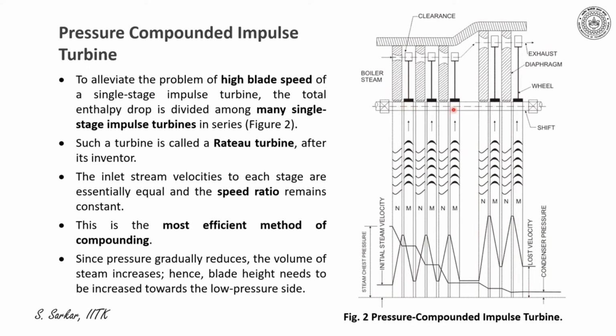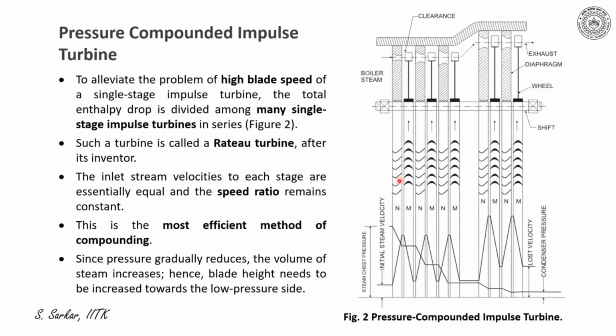This is the high pressure section, and this part is the low pressure section. And if you take the central plane, the circumferential section of a stage on paper, what you will see is indicated here.